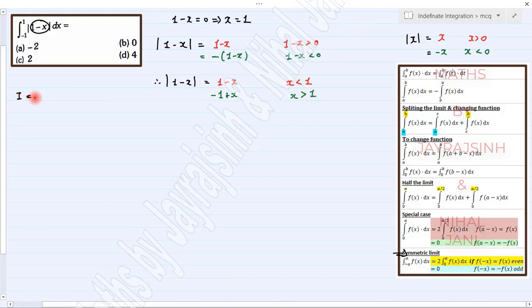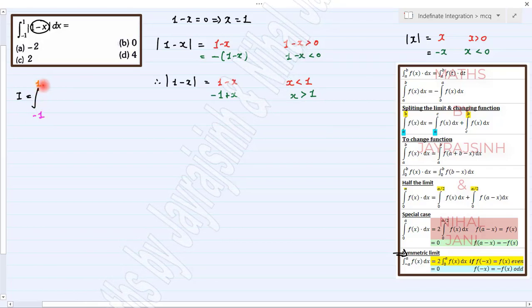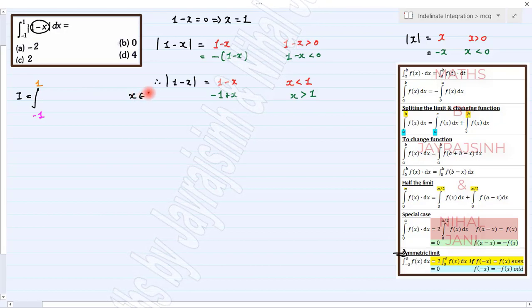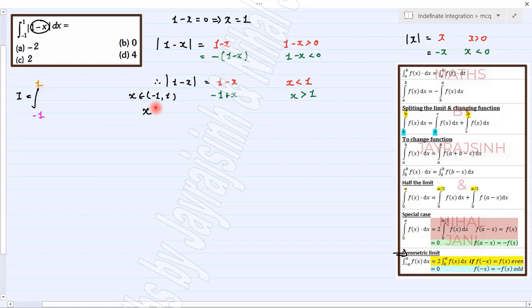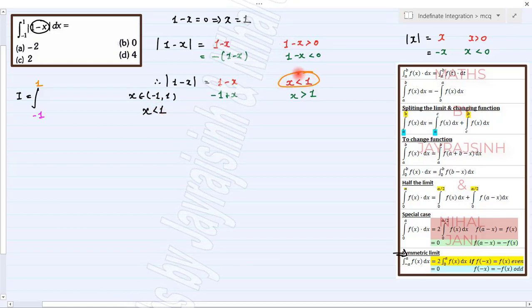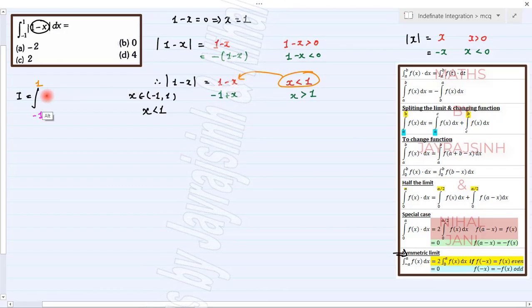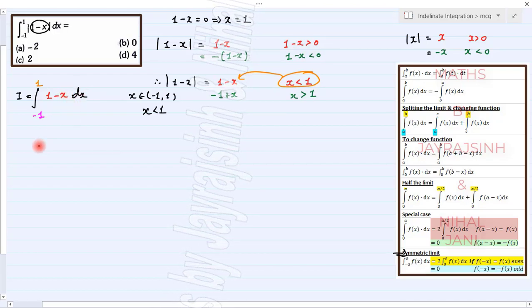Now here we have to integrate from -1 to 1. So we can say your x belongs to -1 to 1, or we can say your x is less than 1. So for x less than 1, your function must be 1 minus x. So here let's write down (1 minus x) dx.